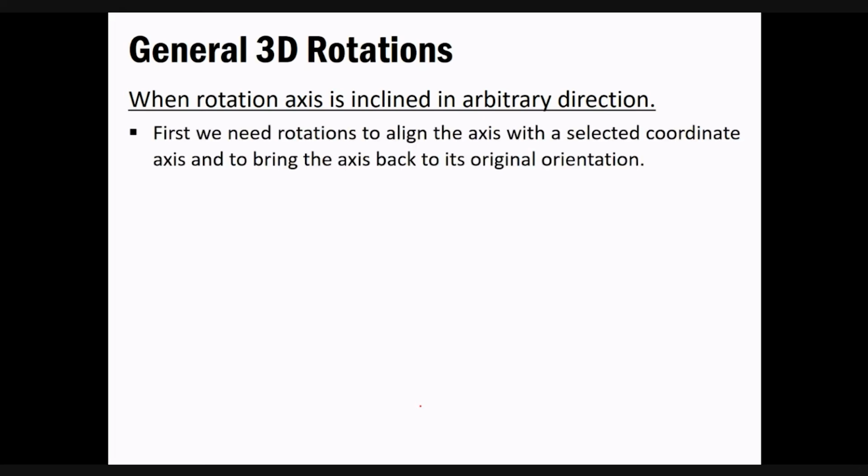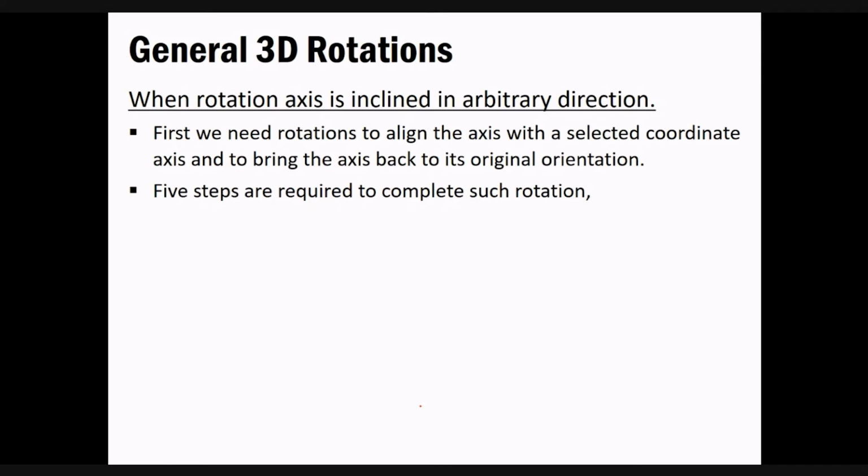What it says is, first we need rotations to align the axis with the selected coordinate axis. Selected coordinate axis means you can go with x, y, or z, and then bring the axis back to its original orientation.